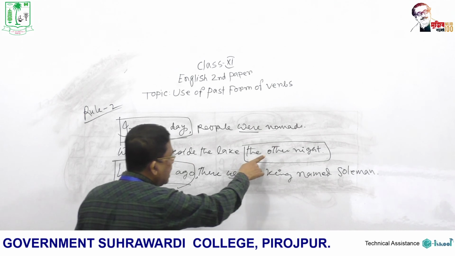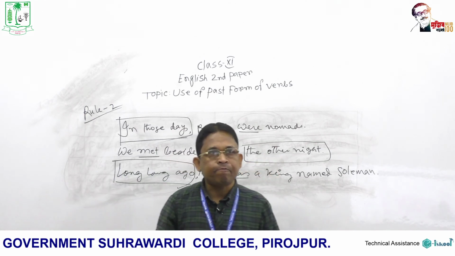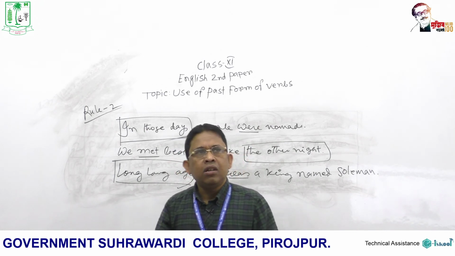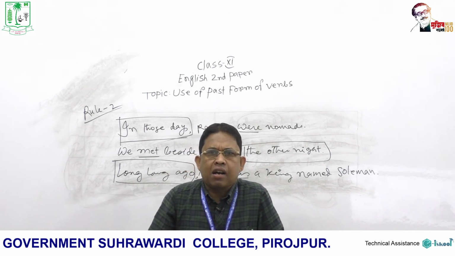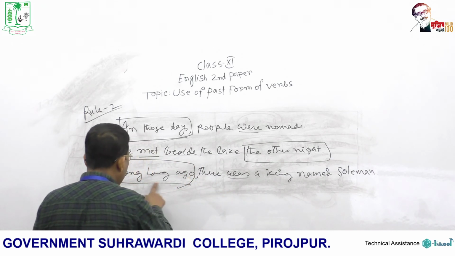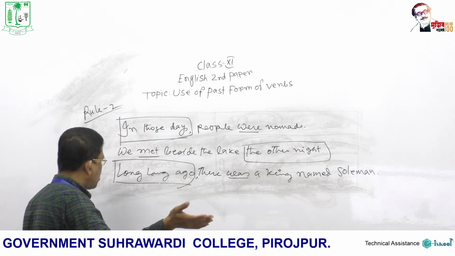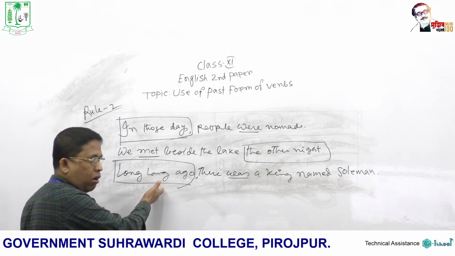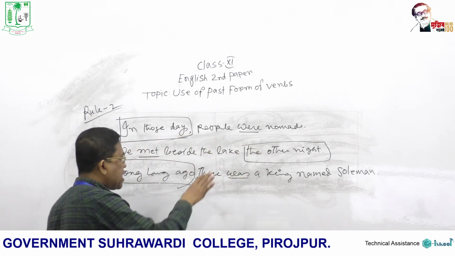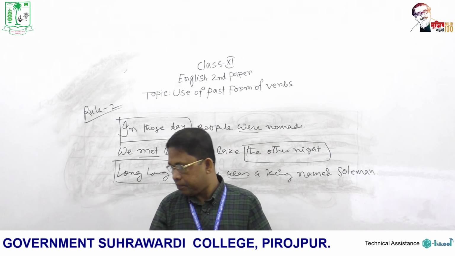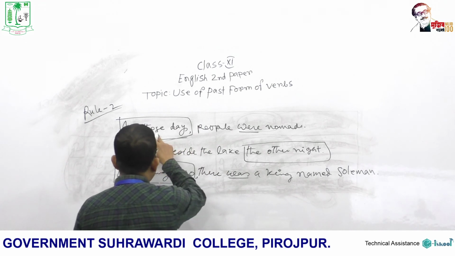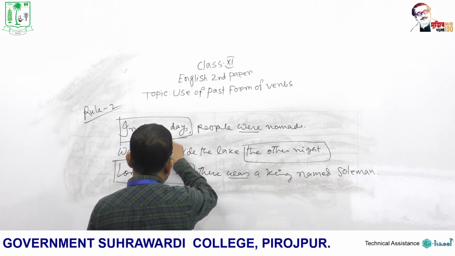The other night means just 1, 2 or a few evenings ago, so it also indicates something past. And long ago means, of course, past, long before. So, what have I done here? I am getting some phrases which indicate some past action, so I have used the past form of verbs.